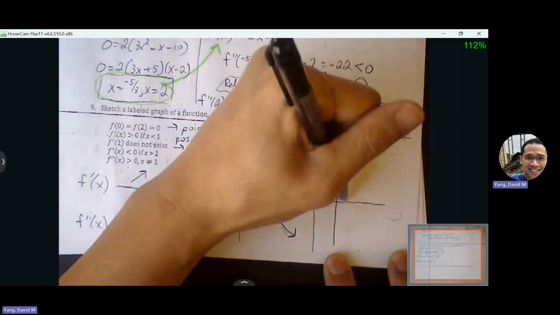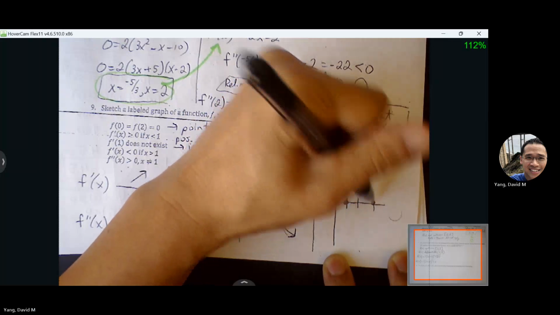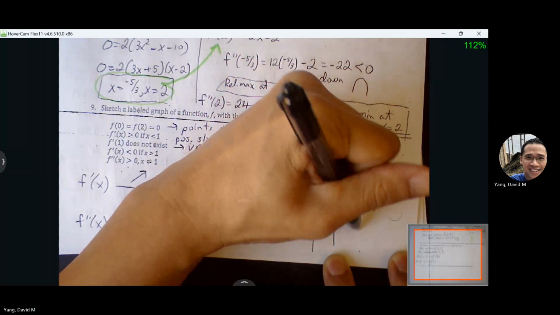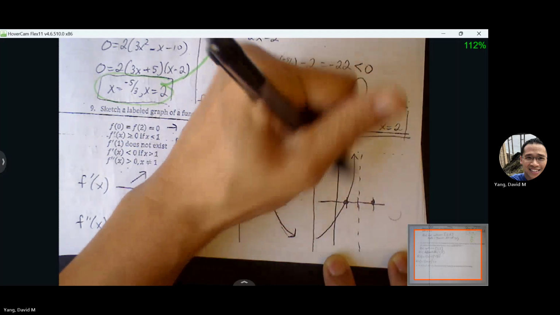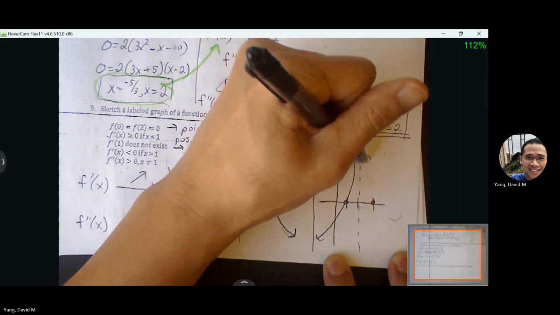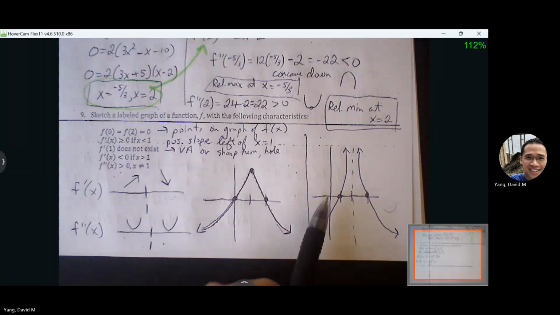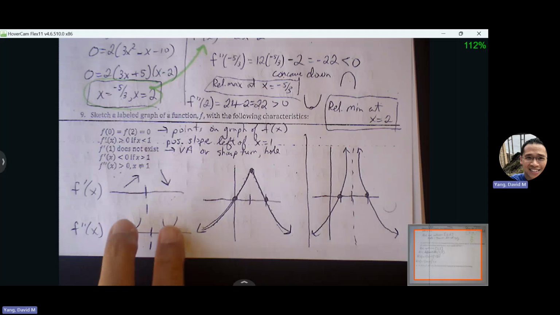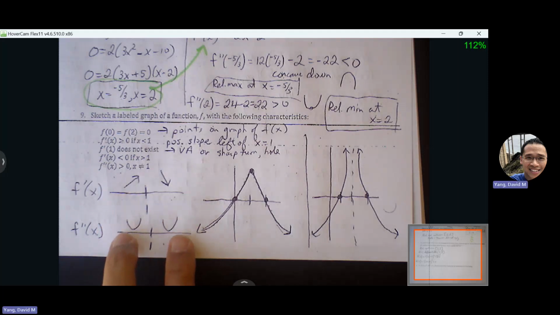Maybe the graph looks like this. This is also an option as well. Notice that whenever you're doing concave up and concave down, I think it's always good for us to sketch the path of the graph first and then match the curvature that we want.